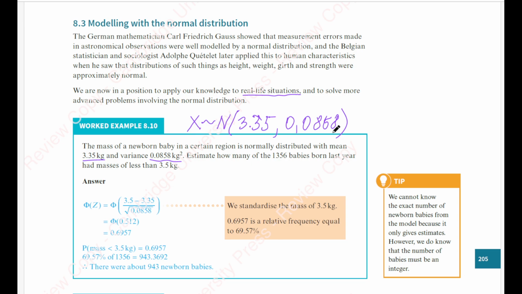We have the mass of the babies as a certain normal, and we have to estimate how many of these babies born last year had masses less than 3.5.